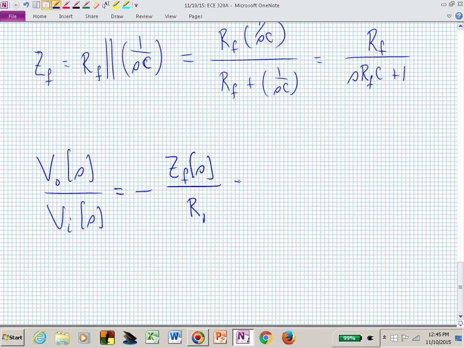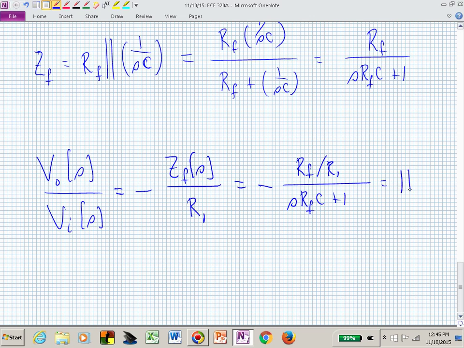If we now substitute this Z sub F expression and pull the R1 into the numerator, we end up with minus R sub F over R1 over s R sub F C plus 1.